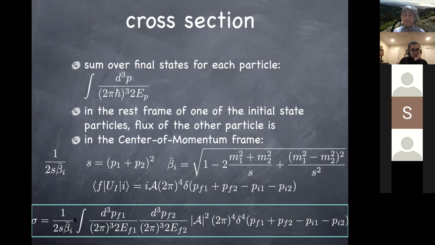And that's it. So the idea is that once you draw a Feynman diagram, you know immediately what the amplitude looks like. And once you compute the amplitude, you stick it into this absolute square because it's just a complex number, and that's how you get the probability. Then you sum over the final states using this Lorentz invariant phase space together with this full momentum conservation, and divide by this flux factor 2s beta bar I, and that's it.